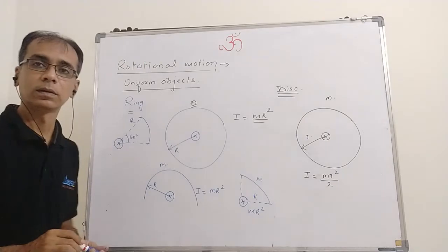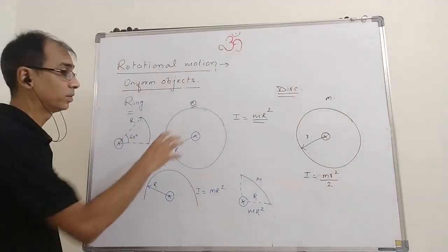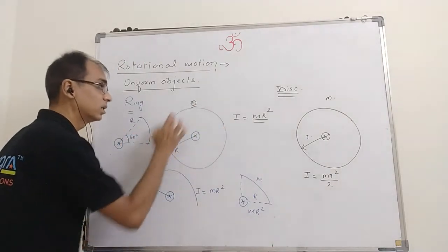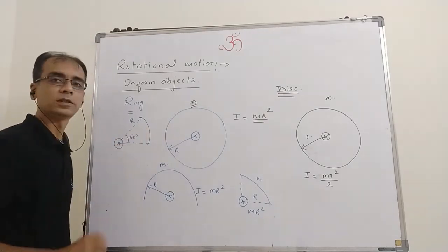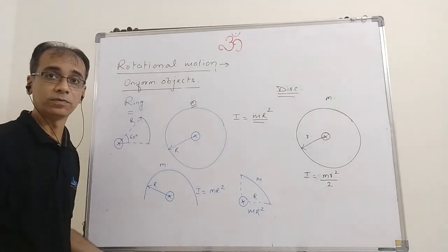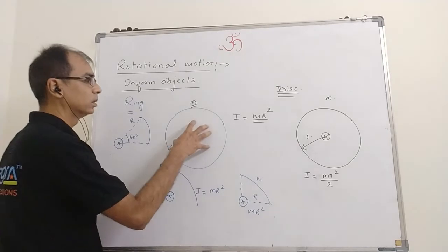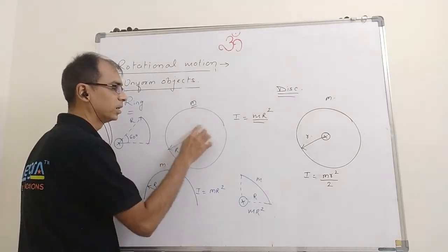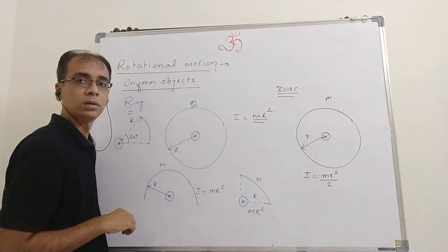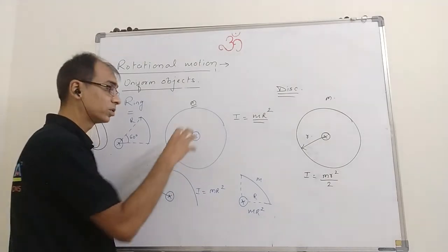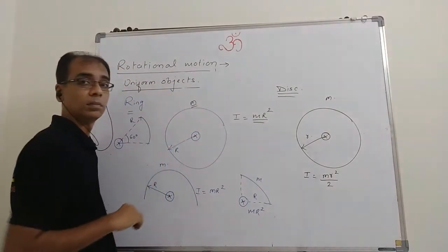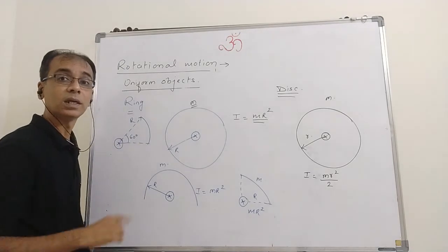Its mass is definitely not M because you have cut it. The entire ring's mass is M. What will be the mass of this portion? We have to find. In this ring, what is the angle subtended at the center? 360 degrees. So for 360 degrees your mass is M. For 60 degrees what will be the mass? M by 6.